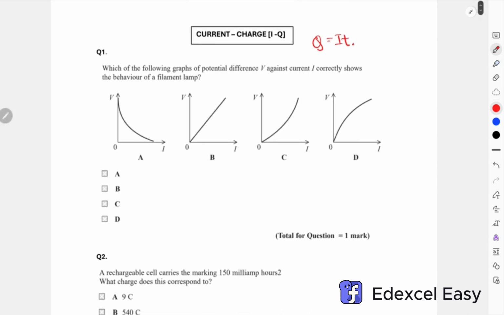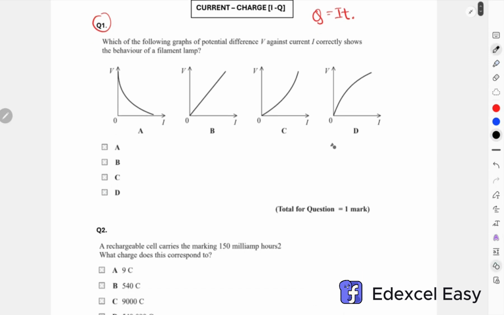Okay, so we're going to start with question 1. It says, which of the following graphs for potential difference against current correctly shows the behavior of a filament lamp? Now, clearly this is talking about voltage against current, right? In your book, and also in our classes, I always explain there are two types of IV graphs: one for the filament lamp, and one for negative temperature coefficient conductors, like thermistors.